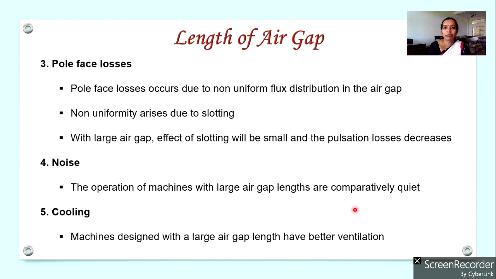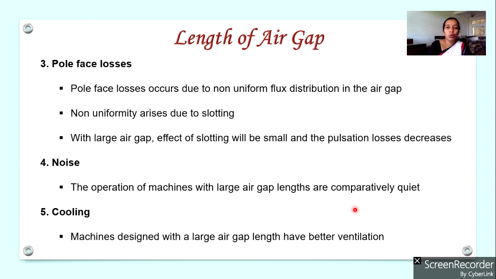We know that if the length of the air gap increases, the reluctance of the air gap also increases. The equation for reluctance is Lg divided by mu A. So when length increases, reluctance also increases. In that case, noise components cannot travel through the air gap, so we can reduce the noise with a larger air gap.